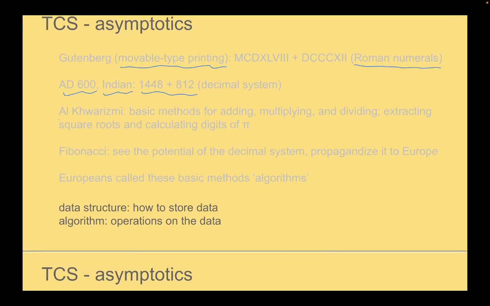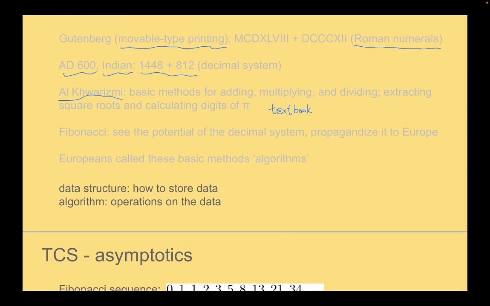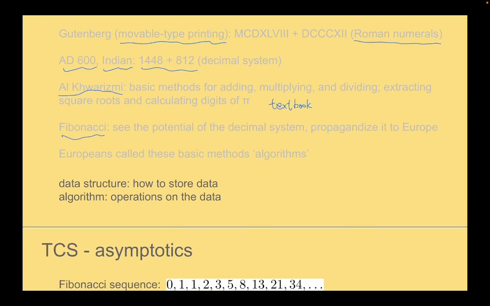And there was a guy who recorded all the basic methods, like the arithmetic methods of adding, multiplying, dividing, and other things, in a textbook. The textbook was spread to Europe. There was a guy called Fibonacci. He found that the textbook was very promising, and he introduced it to Europe.